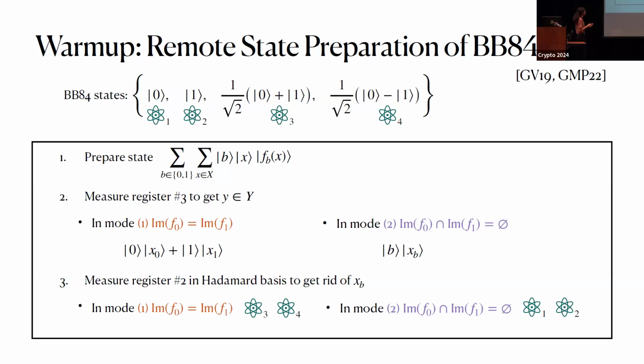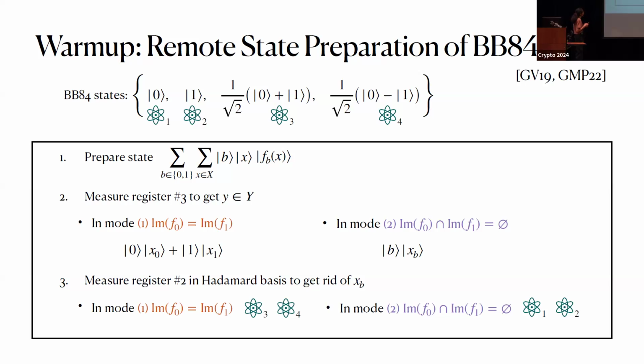Turns out you can easily fix this via a standard procedure by measuring the second register in a Hadamard basis to get rid of the x's. So in mode 1, what would end up happening is finally you get a random state from either the third or fourth BB84 states, or in mode 2, you would get a random state from 1 or 2, the first 2 states.